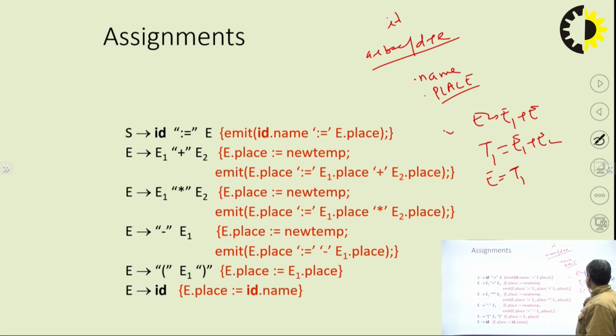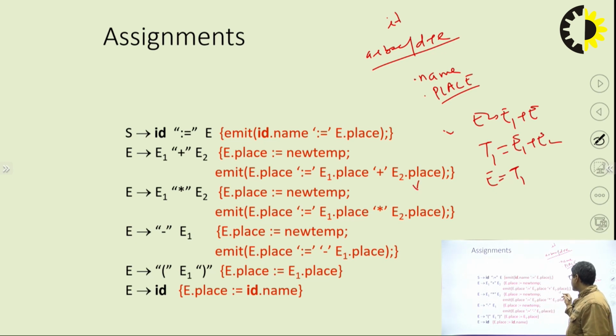Okay, so firstly E1 plus E2 is calculated and stored into some temporary variable, and the value of that temporary variable is assigned to capital E. So E dot place equals new temp, emit E dot place. What is the major operation performed? E dot place equals E1 dot place plus E2 dot place.